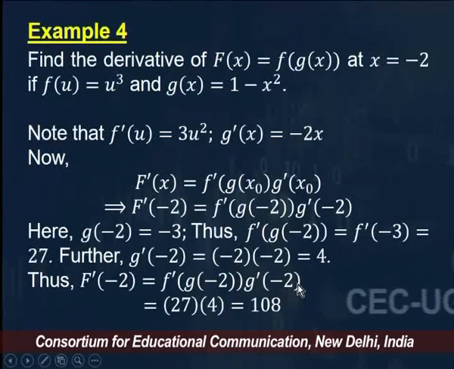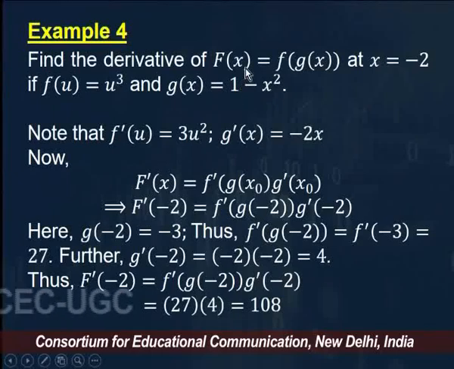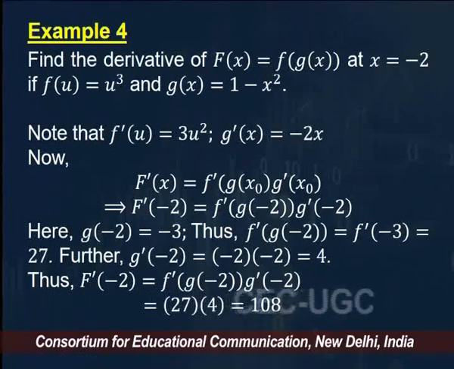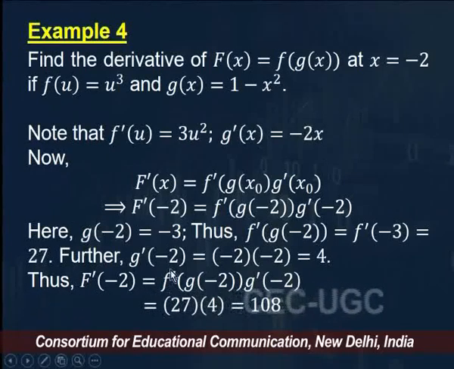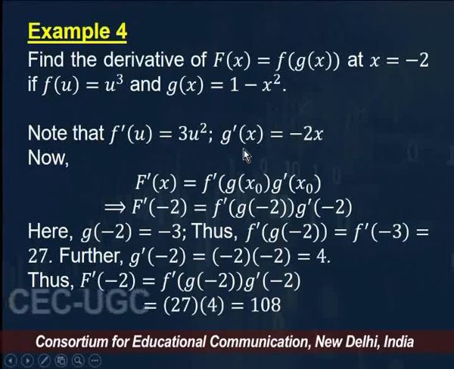Now, let us look at an example to illustrate this. Let us suppose that capital F of x is f of g of x, and we want to calculate the derivative at x equal to minus 2, if f of u is equal to u cubed and g of x is equal to 1 minus x squared. So here we have that f prime of u is equal to 3u squared and g prime of x is minus 2x.